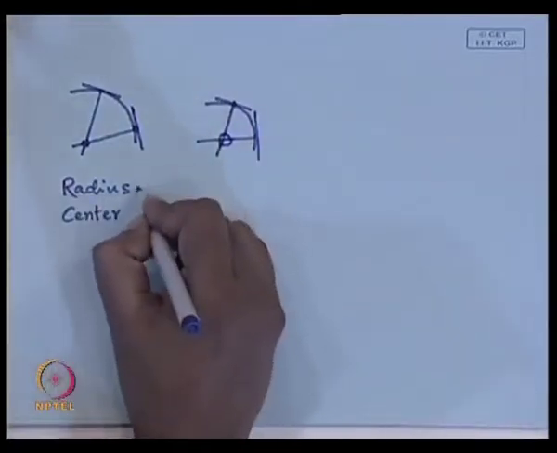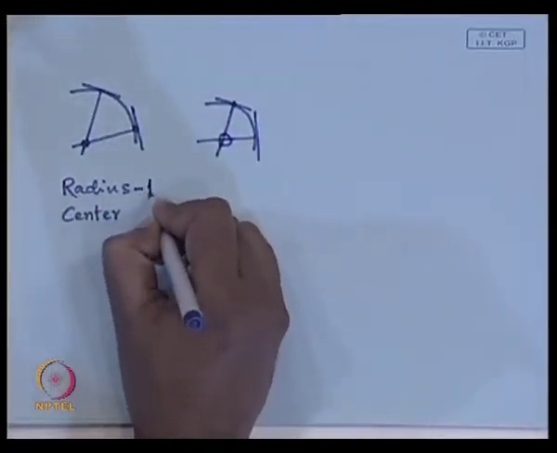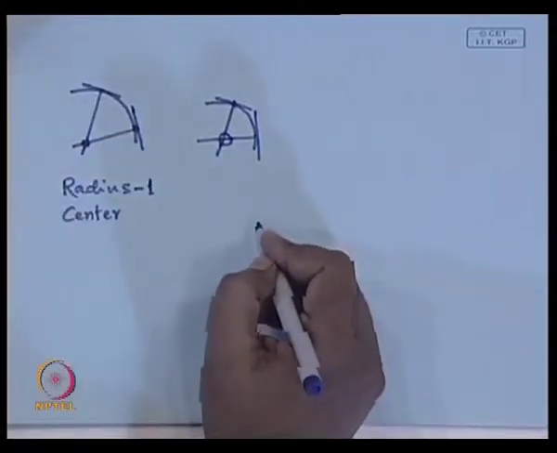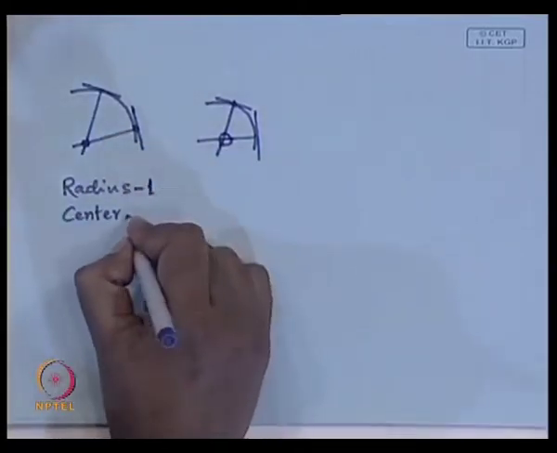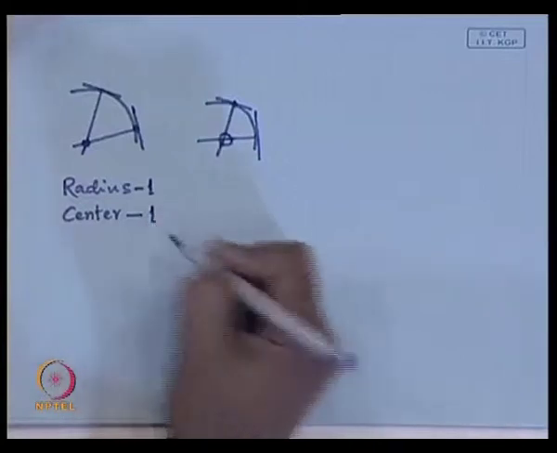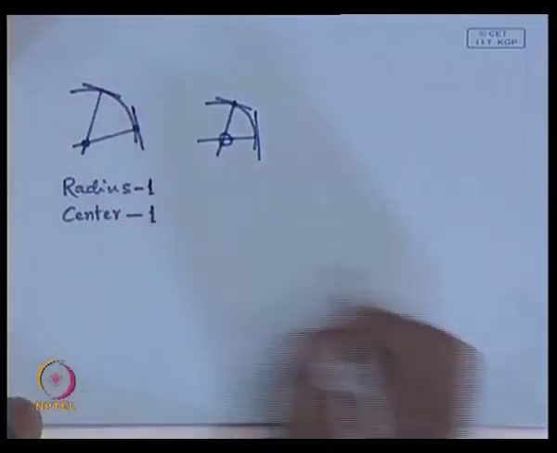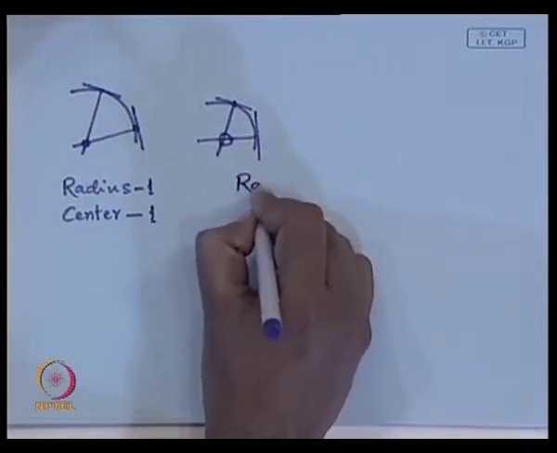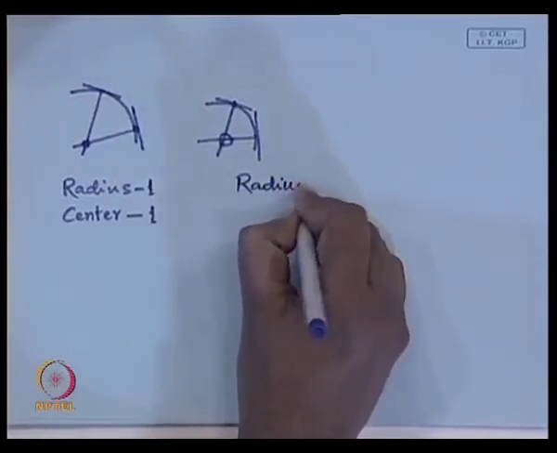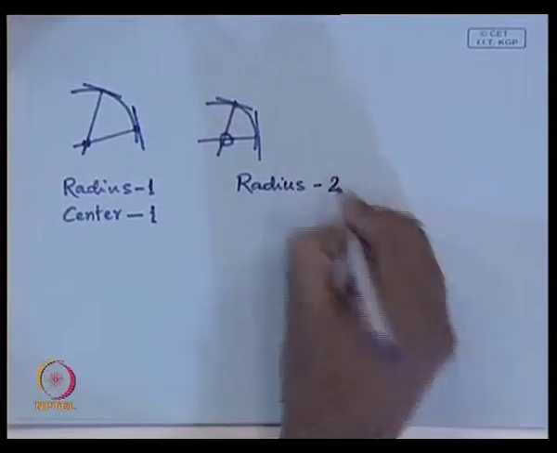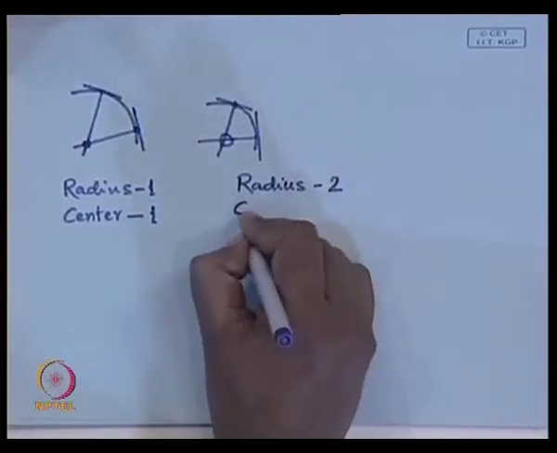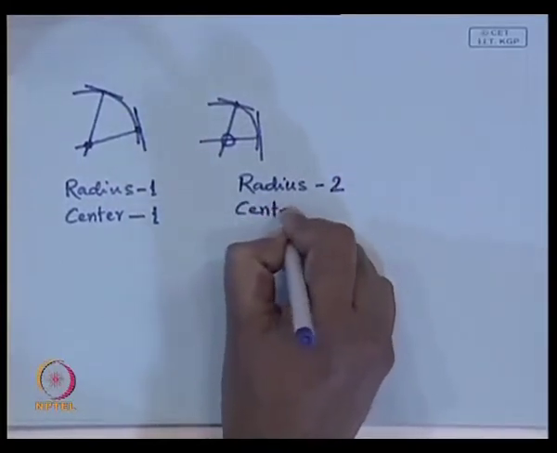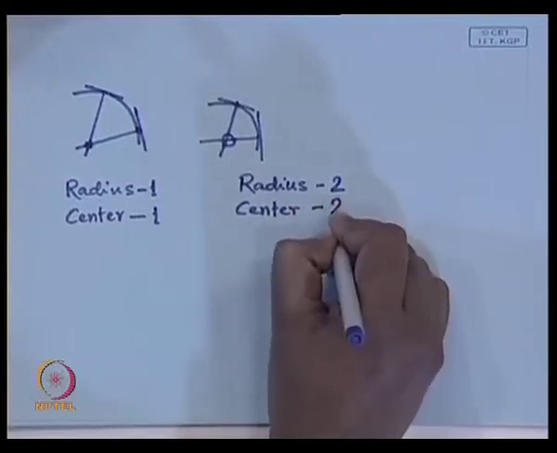So, in this case, let me call this radius 1, because it is of the first circular arc, and center 1, because it is the center of the first circular arc. Similarly, in this case, let me call it radius 2, because it is the radius of the second circular arc, and center 2, the center of the second circular arc.